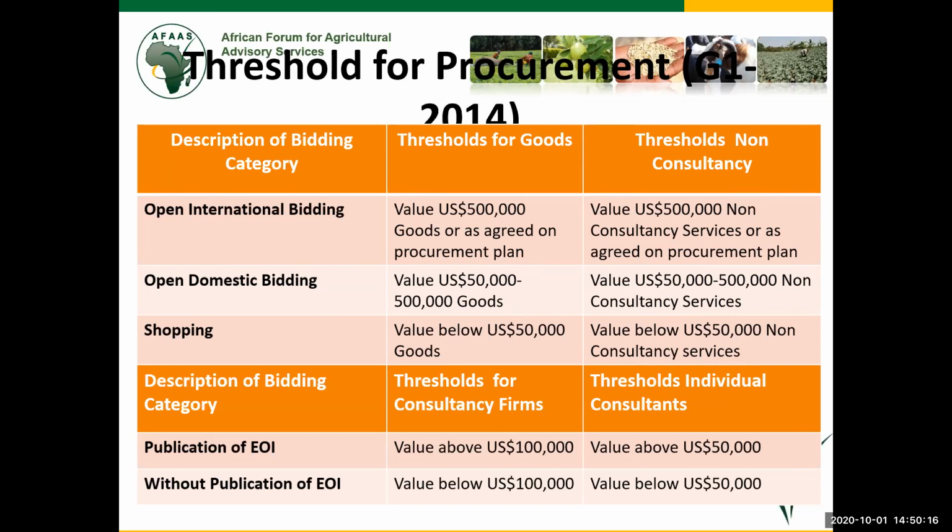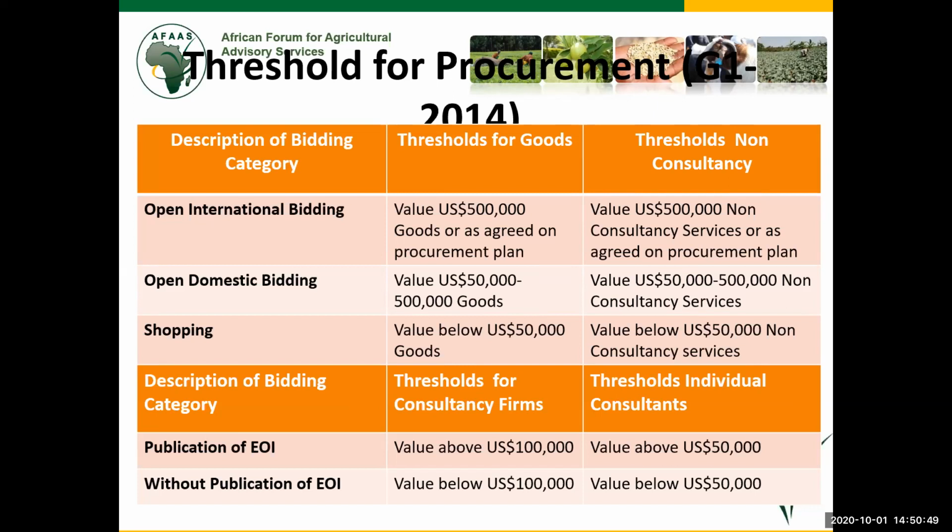When it is open international bidding, when the value of the goods is above 500,000 US dollars, it is open. So when you look at row one, it does not apply to AFAS because even the whole funding does not make $500,000 in a year, the budget of a year. So we do not follow anywhere in row one. Now, in our manual, we have the second bidding method, which is open domestic bidding.